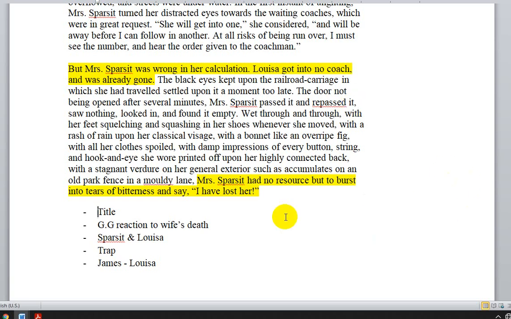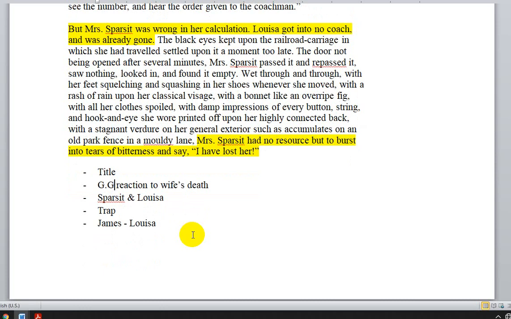They got down. How Gradgrind reacted to his wife with a very cold and business-like manner. He just buried his wife and went back to his business. Sparsit and Louisa.